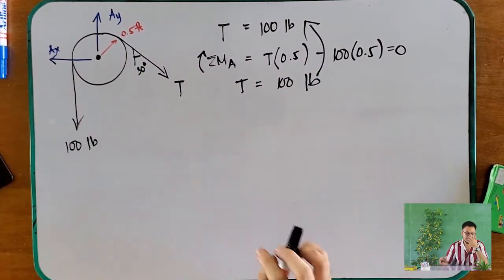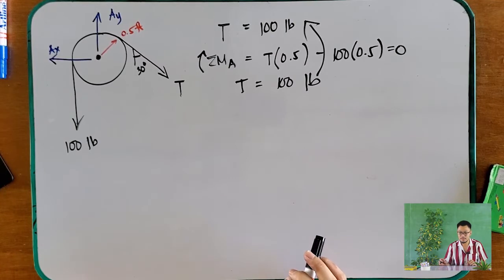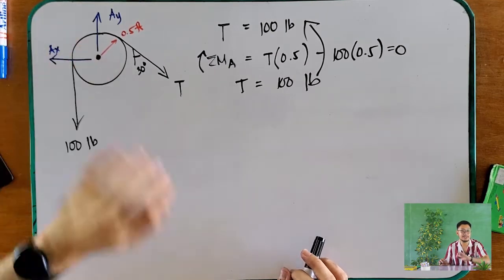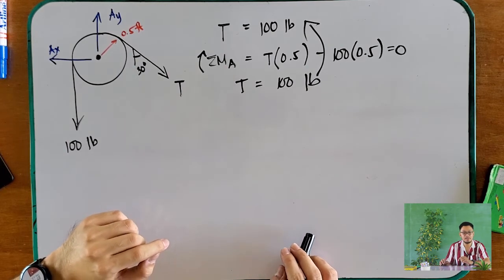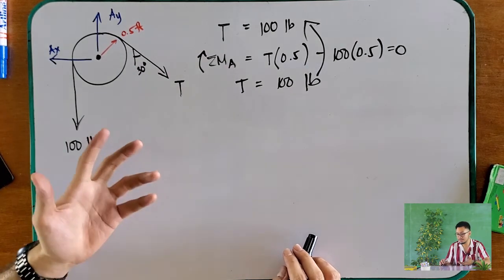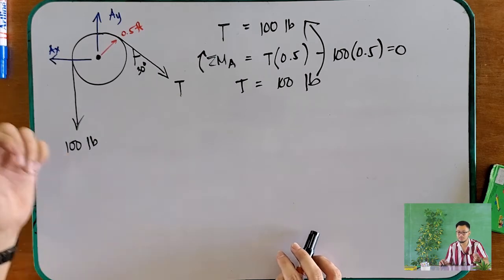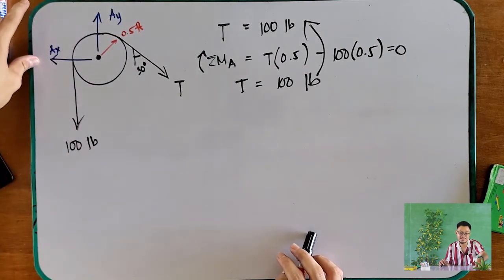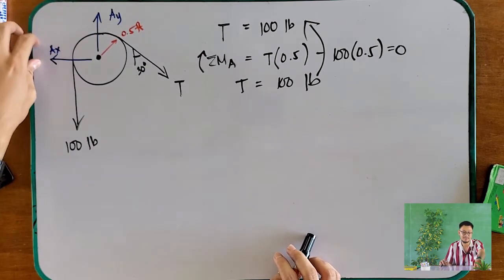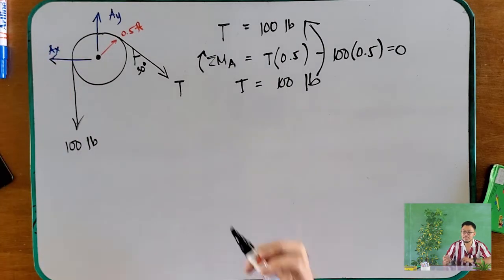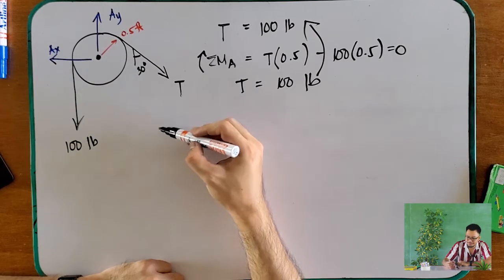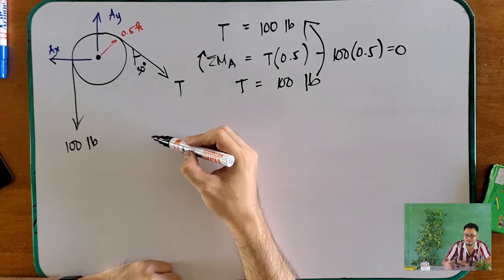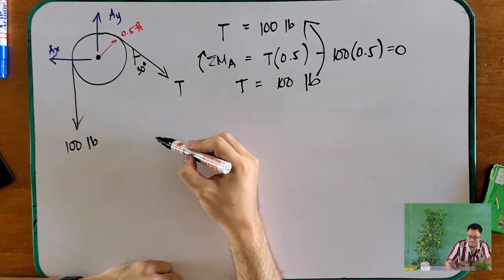Okay? So now, let's solve for your Ax and your Ay. We can either choose between the two, your Ay or your Ax, for us to be able to solve immediately for these unknown supports. Let's start with Ax.